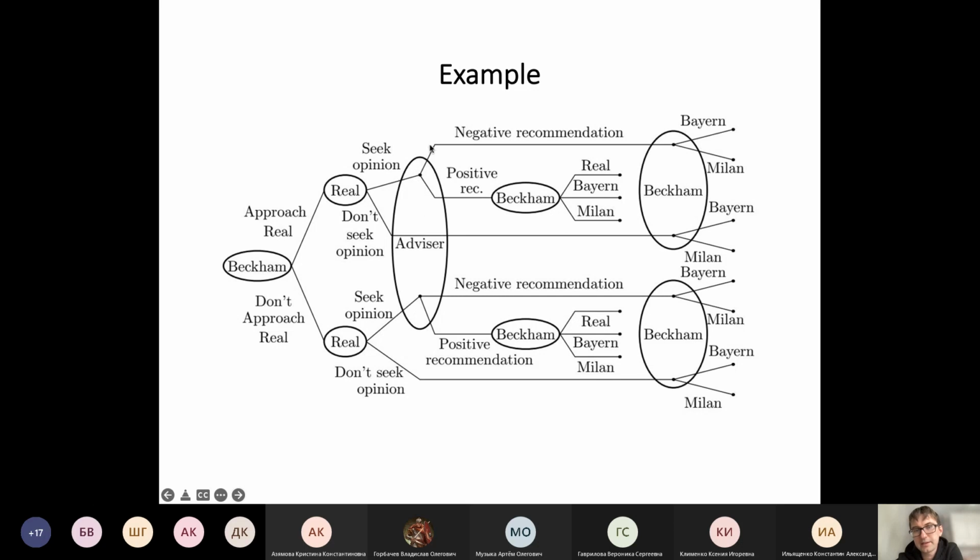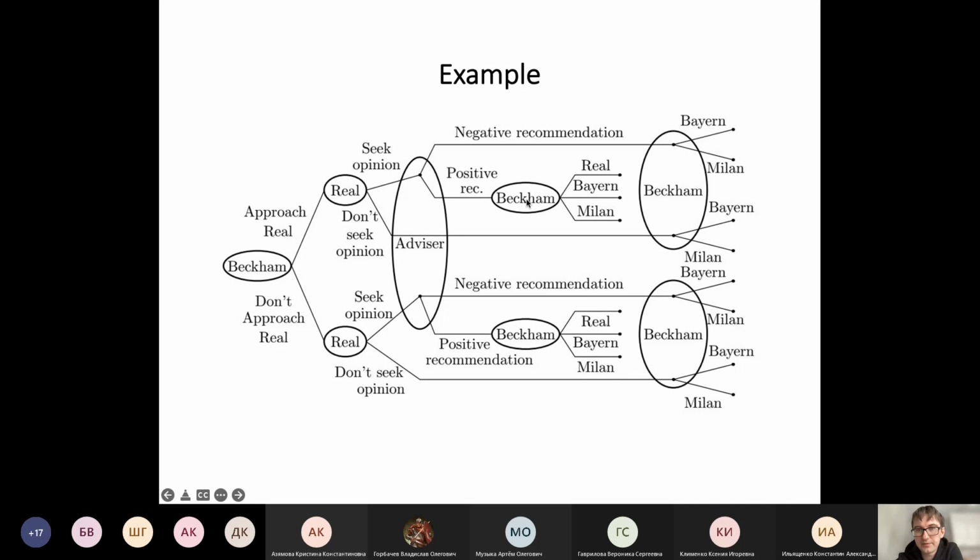So the advisor makes his decision to give a negative recommendation or a positive recommendation. If it's a negative recommendation, then Beckham can decide between Bayern and Milan.